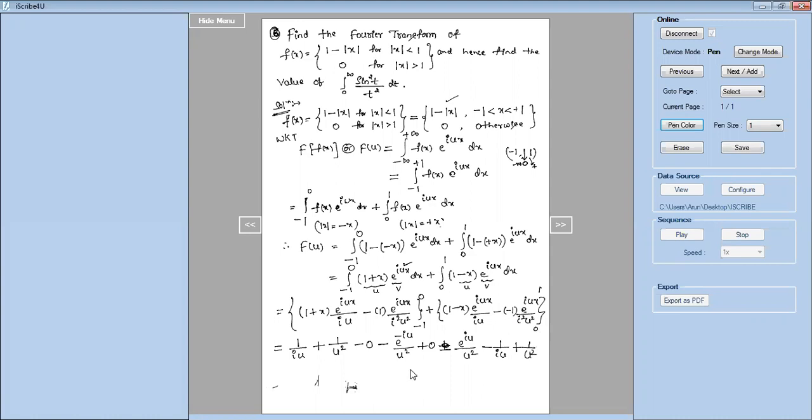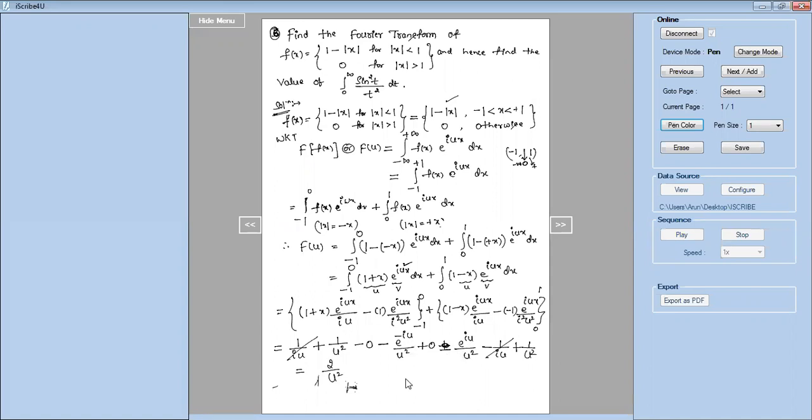So while substituting a limit, we should be very careful. Substitute properly. Now this plus 1 by iu minus 1 by iu gets cancelled. See, 1 by u square plus 1 by u square becomes 2 by u square. This is equal to 2 by u square, and here minus e power minus iu by u square minus e power iu by u square.